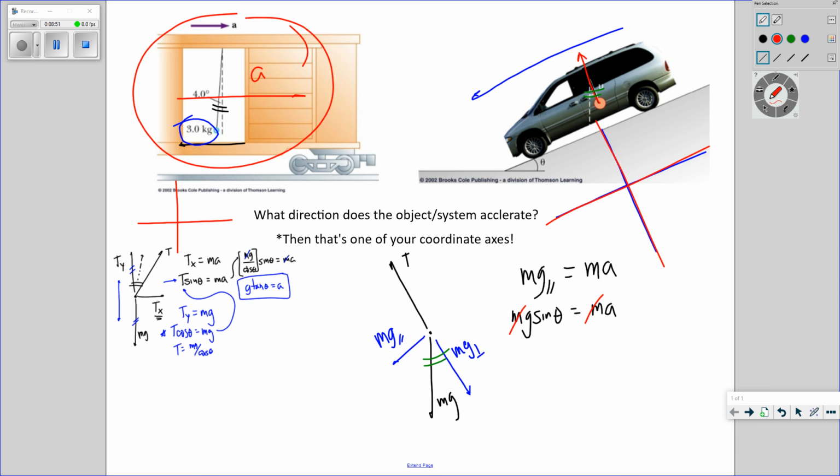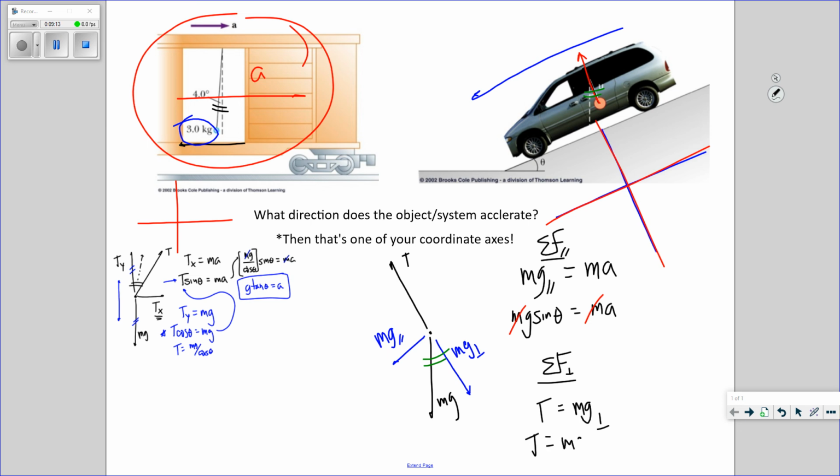The other net force, in the perpendicular direction, says T minus mg perp equals 0, so T equals mg perp, or T is mg cos theta.